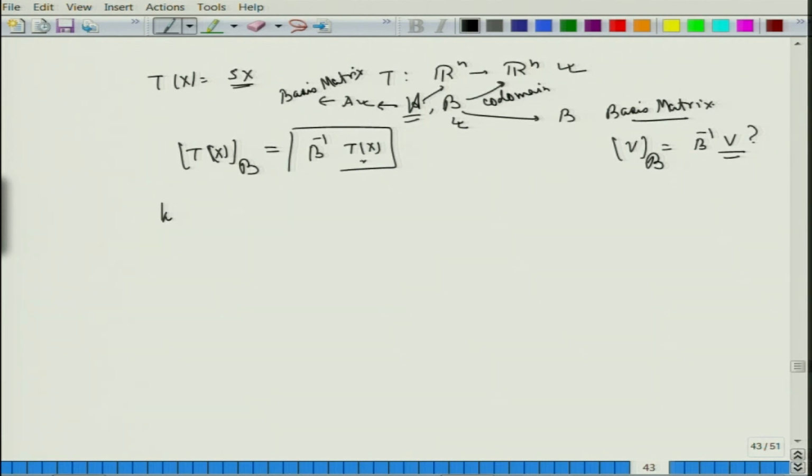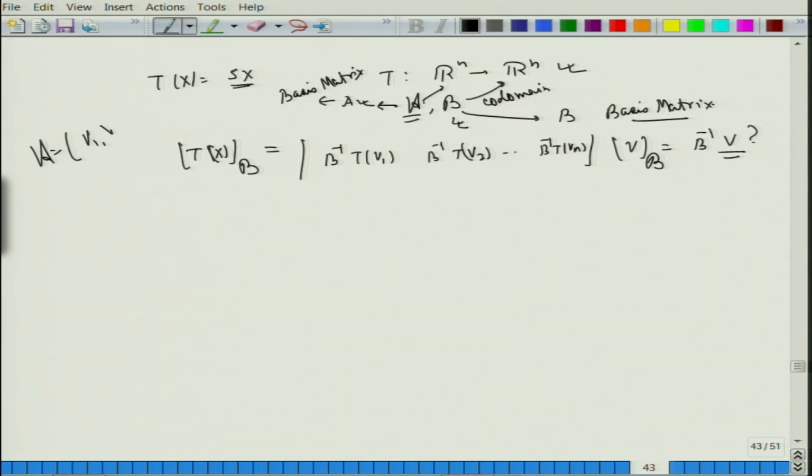So I want T of x, I should write it correctly, otherwise there will be a problem for you. So this is equal to B inverse T of V1, B inverse T of V2, B inverse T of Vn, where this has basis V1, V2, Vn.